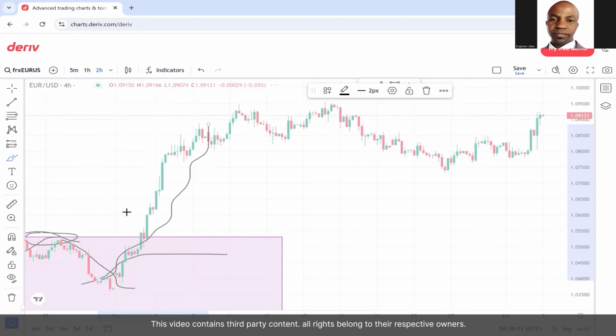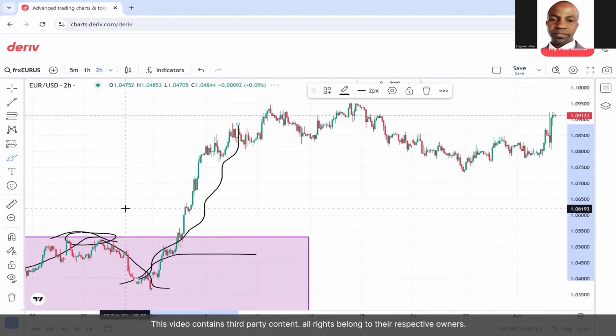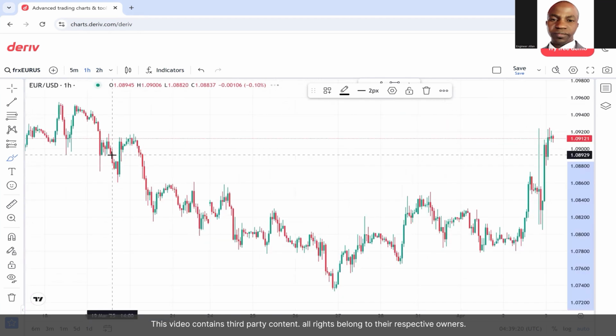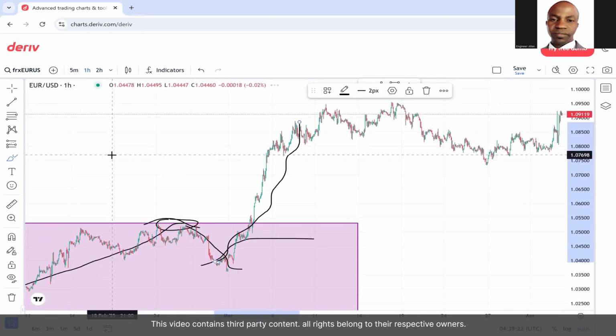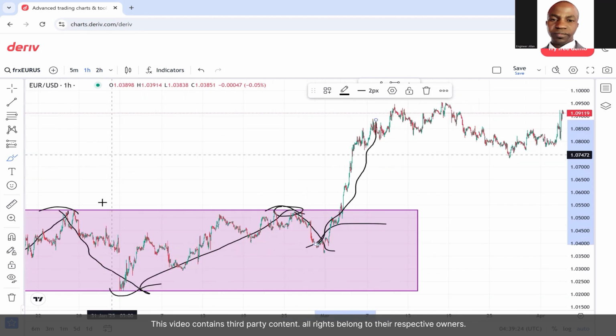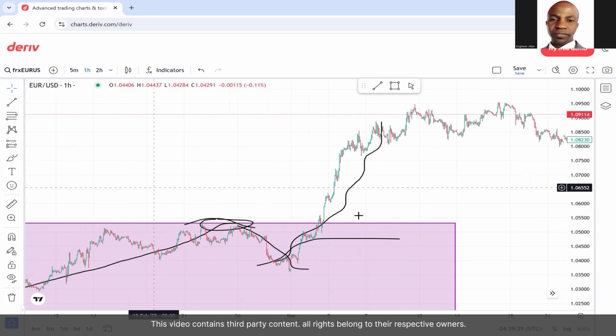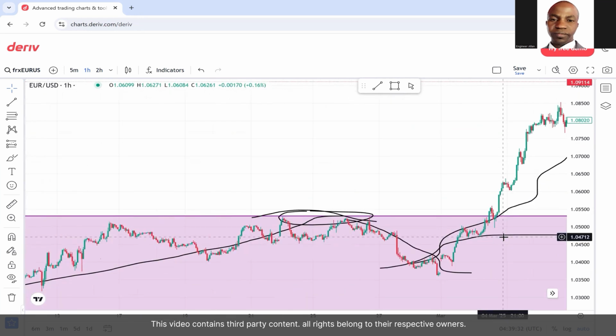You get into lower time frames until you're able to see, because you will always see them. Let's get to 1 hour, and then you see something here. So here we are. We wanted to see something in this particular area.